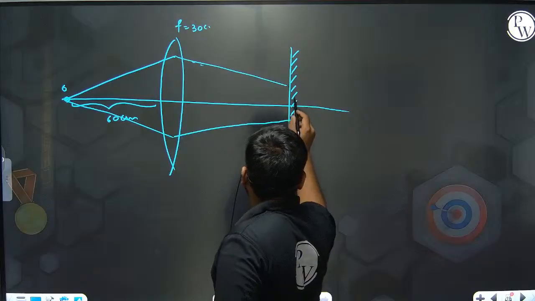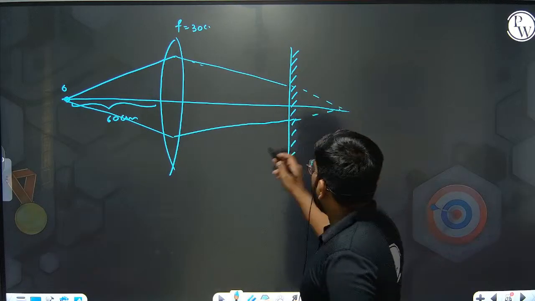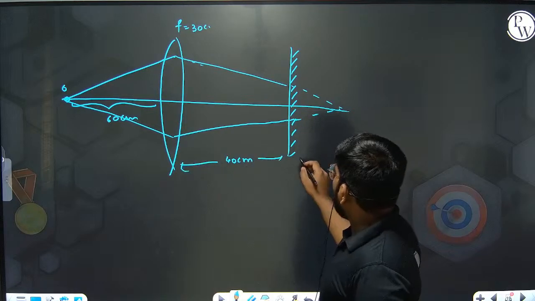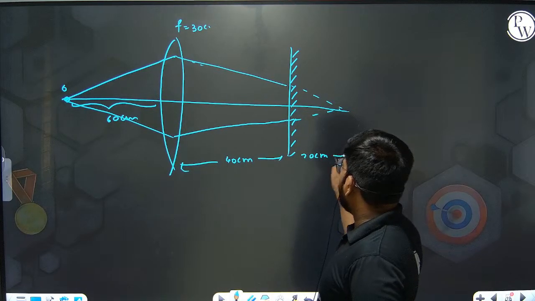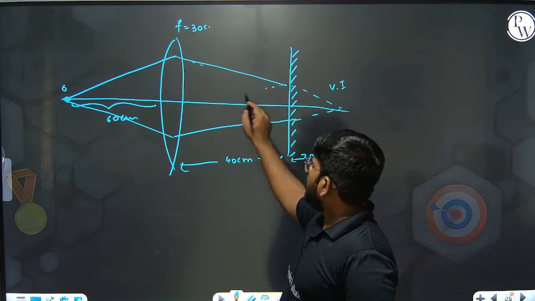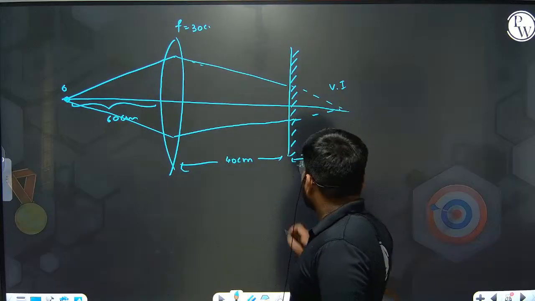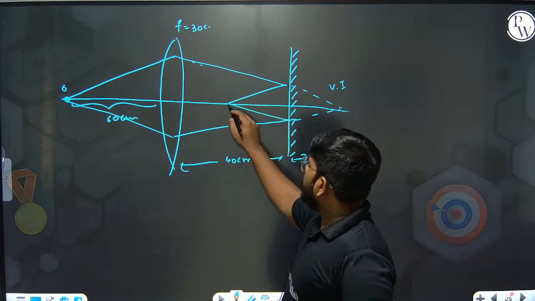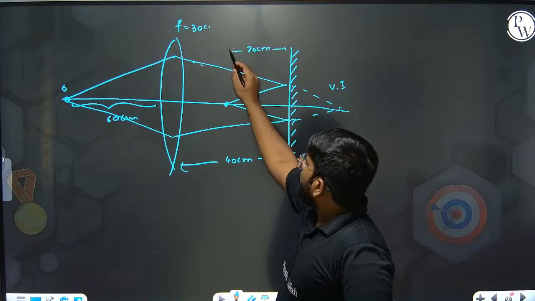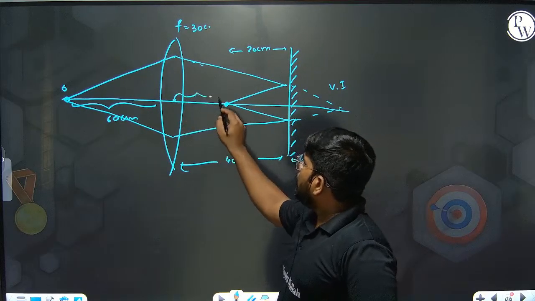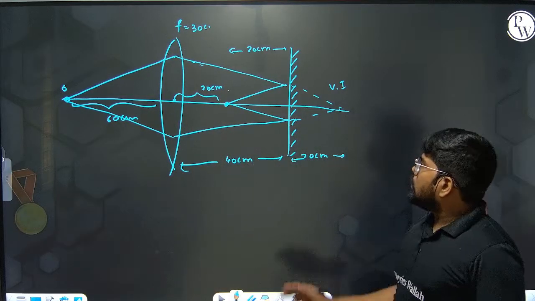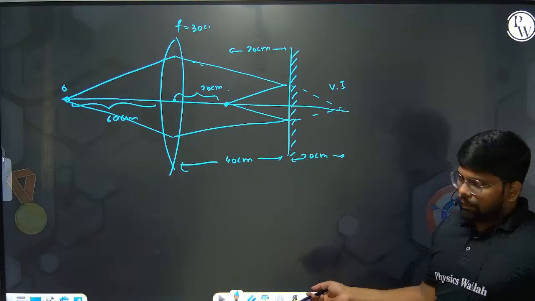So this was trying to go here, at 40 centimeters, but the mirror is stopping it, so it wants to form behind the mirror. This is a virtual image. Then for the virtual image, it is going to reflect and come here. So this is 20 centimeters, then this is going to be 20 centimeters. We got it. So now finally v is coming out to be minus 60.